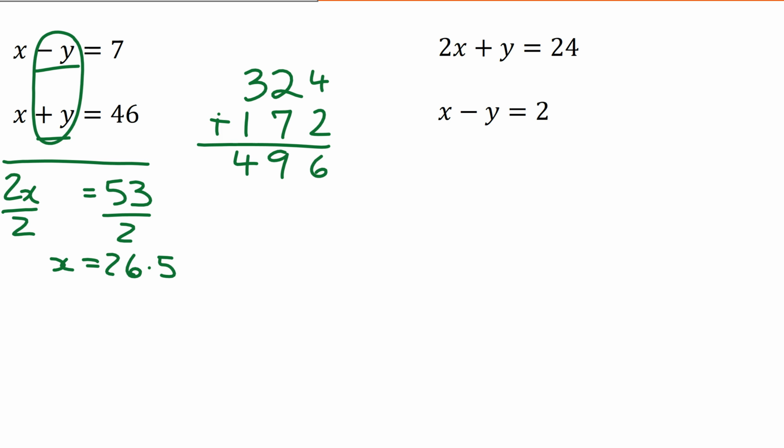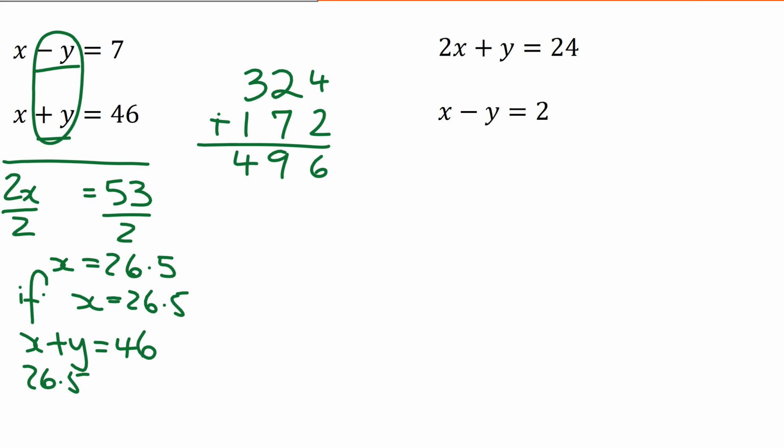So if x is 26.5, what does that make y? x plus y is 46. Therefore 26.5 plus y equals 46.